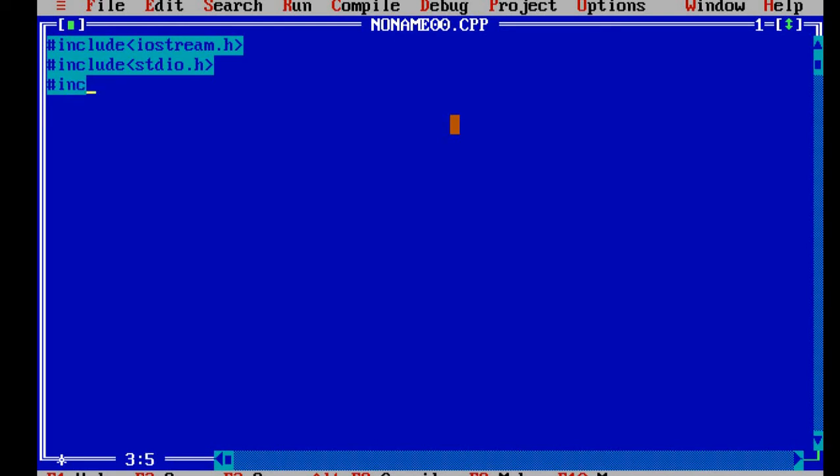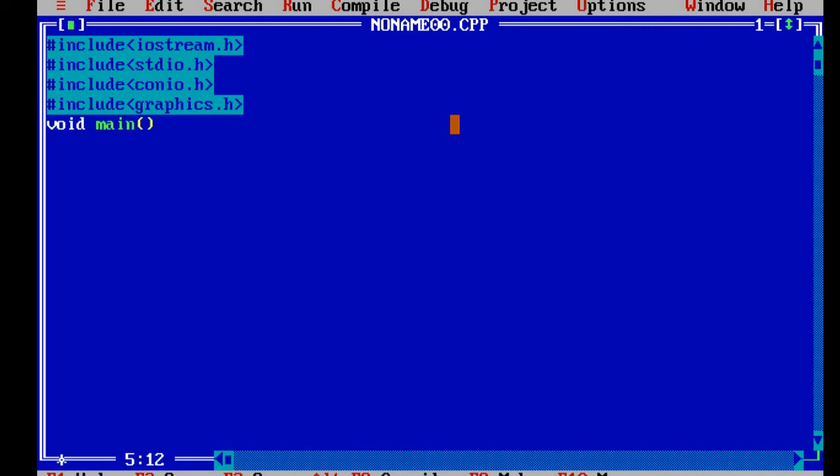Third is include conio.h. And in this practical we run graphics, so we include the graphics header file, graphics.h. Is it clear? For circle generation we implement the midpoint algorithm. So we write the void main function.